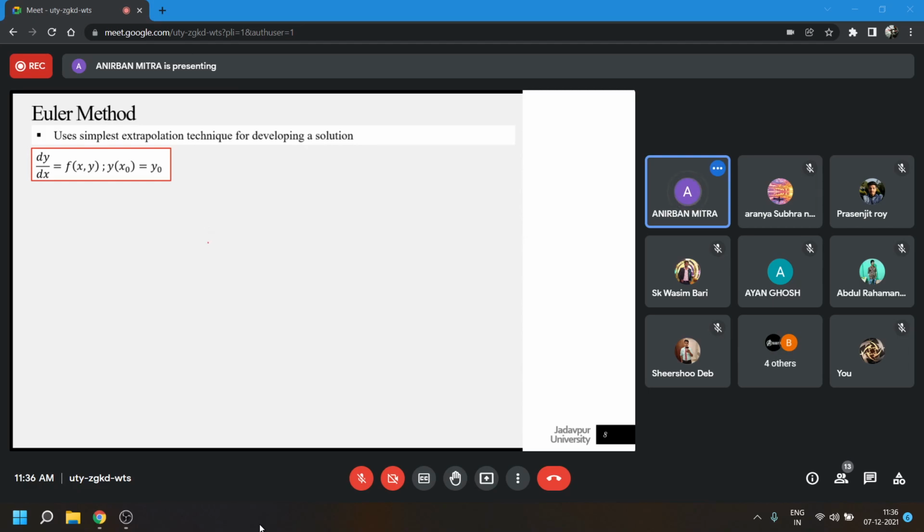We will look at the solution of an ODE given in this form. So dy/dx is equal to f(x,y). f(x,y) is, of course, a general function. And this ODE is to be solved for a given initial condition of y(x0) equal to y0. So the value of y at x equal to x0 is given, and that is y0.